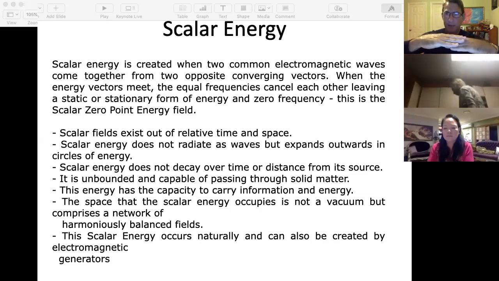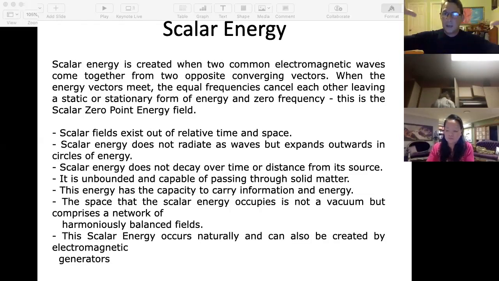And these scalar waves are basically like compression longitudinal waves, like sound waves. So they radiate out in all directions, as opposed to electromagnetic frequencies, which travel in a particular vector in a straight line. But when those two straight lines come together and match, then they can neutralize to create the circular standing waves, which is what we call the scalar 0-point field.